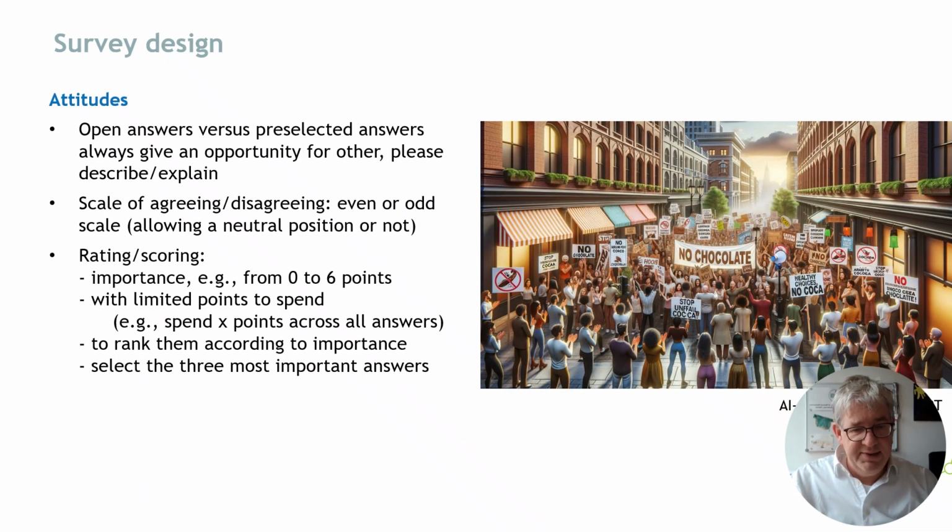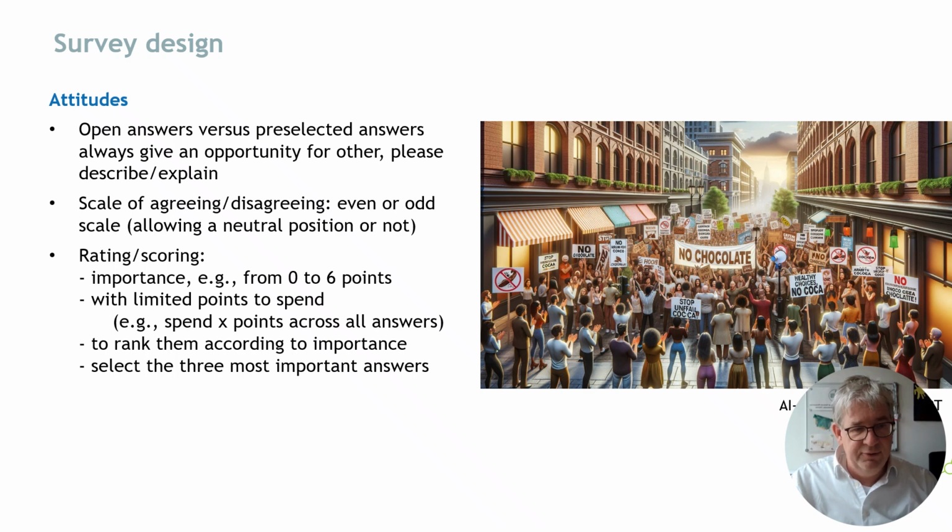When we're talking about attitudes, usually we have open answers or pre-selected answers, so that we have some categories that people can decide on and rate, for example, for their importance, or agree or disagree with specific statements. Then the first thing we should think about ourselves is how we design the scale.